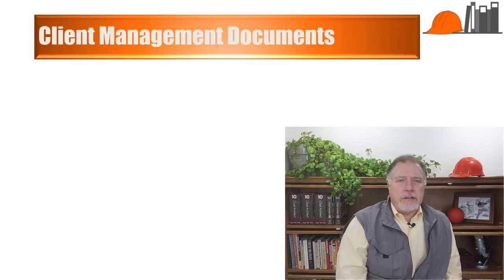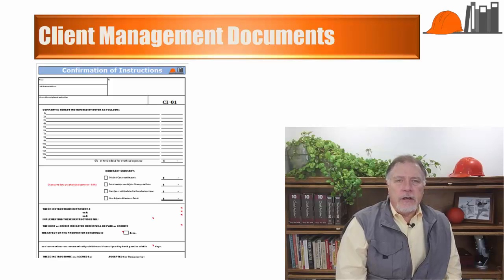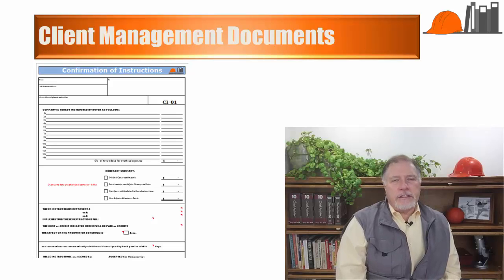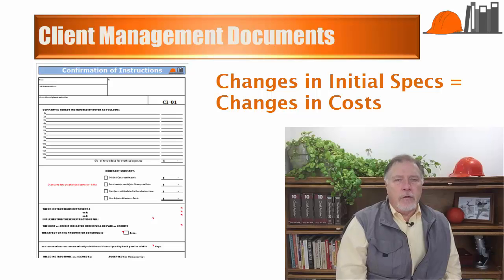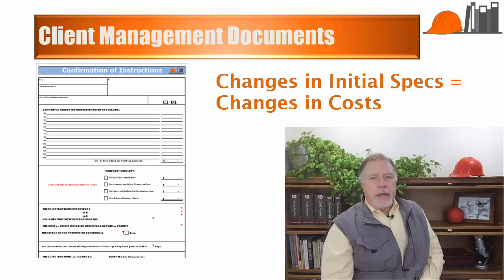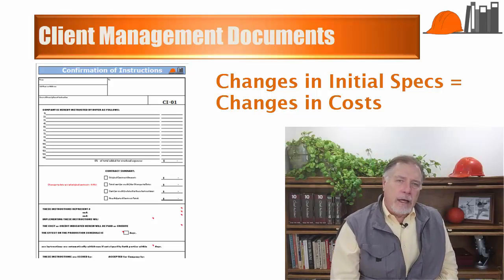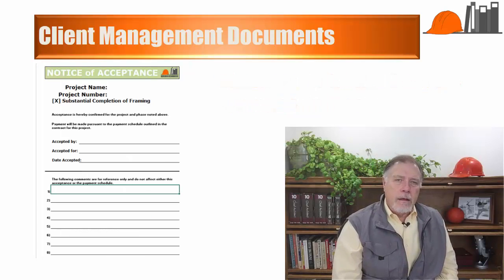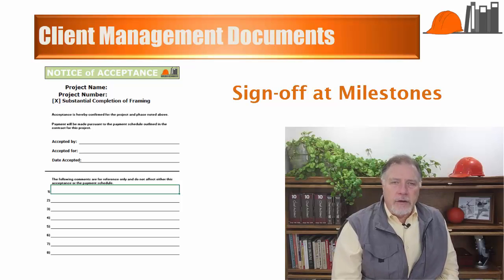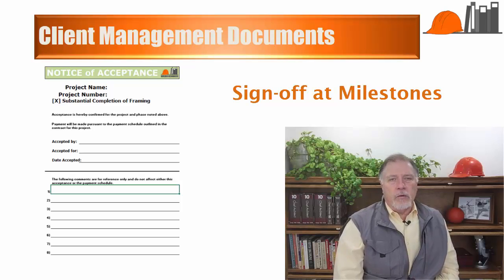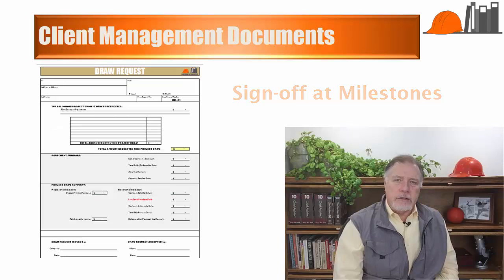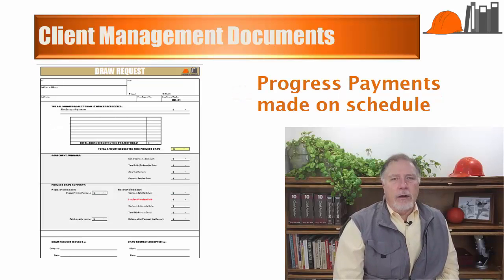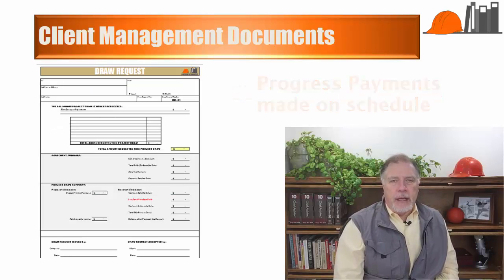Using these documents during the contracting stage, you have the opportunity to explain the initial work and materials that form a basis for your proposal, and that any change from the basis will impact the bottom line pricing of the job. You can explain that the client is going to be expected to sign off on the work at certain milestones. You can outline how and when progress payments are to be made.